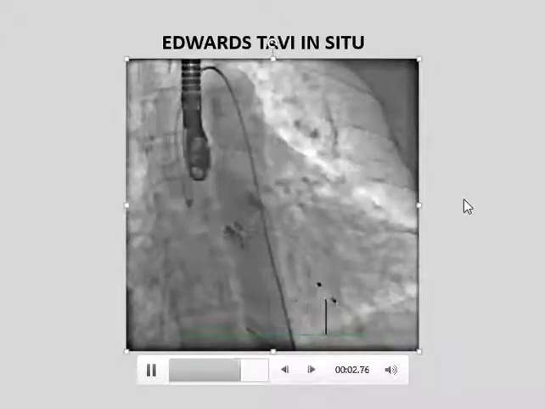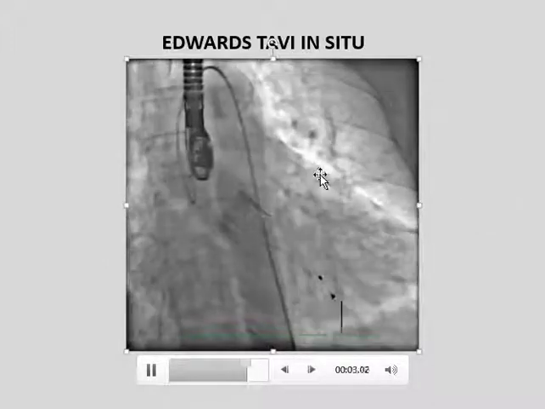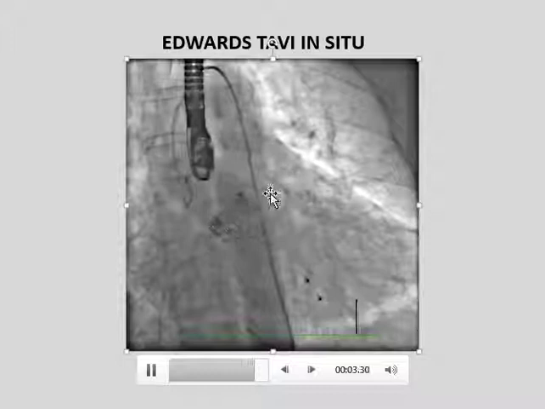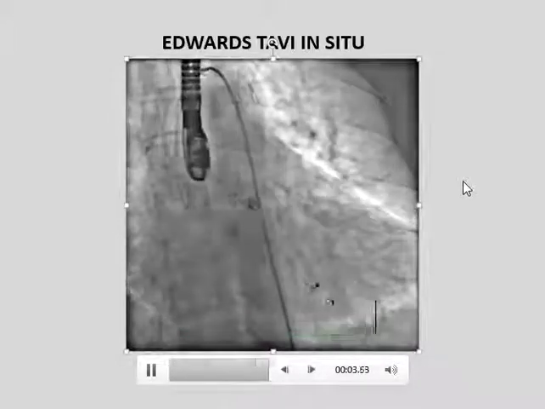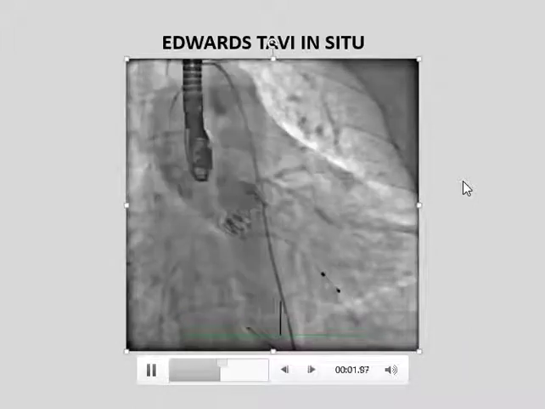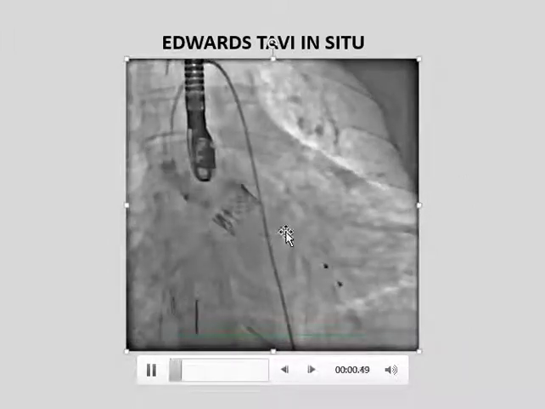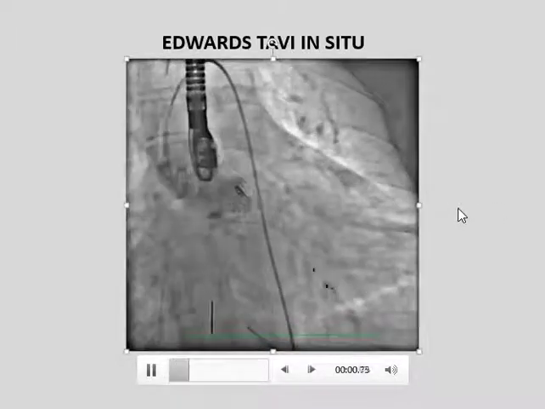Aortic stenosis is normally associated with calcium, and so that is what allows the calcium deposits, the stiffness of that aortic root, to accept that valve ring without being dislodged. Aortic regurgitation is a totally different pathology, and you don't have that tightness around the aortic root that you need to accept a valve replacement.